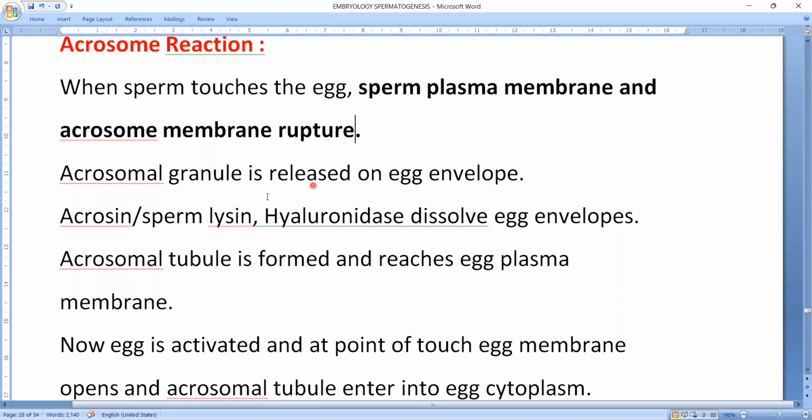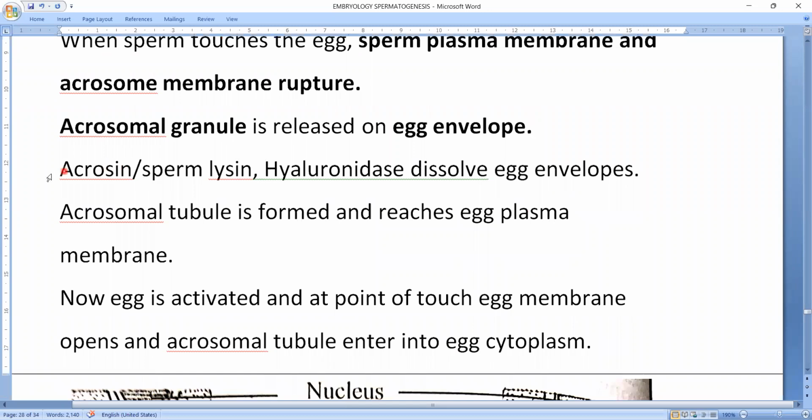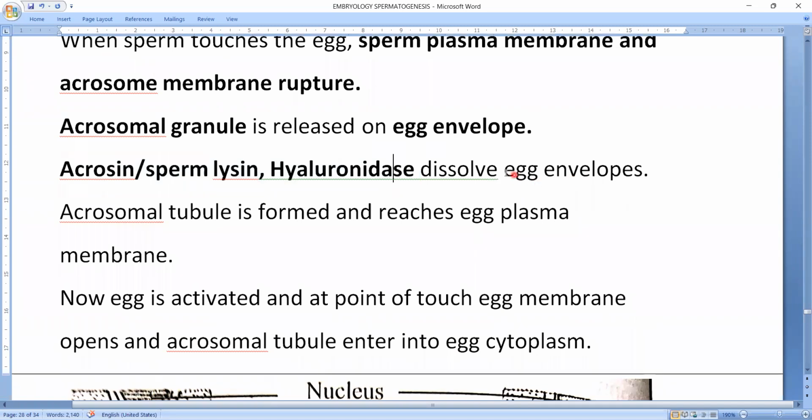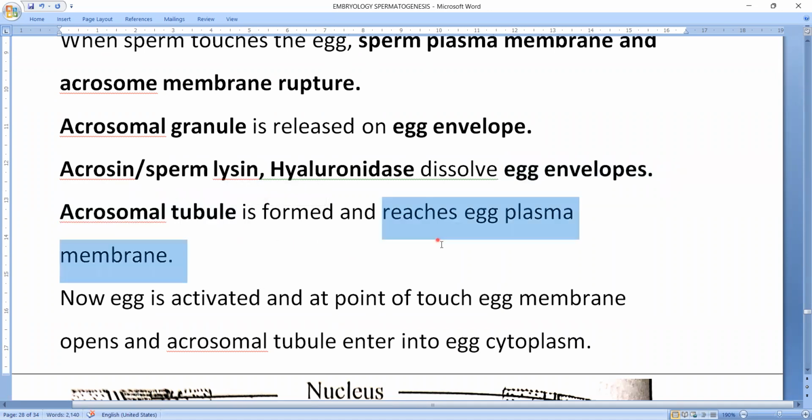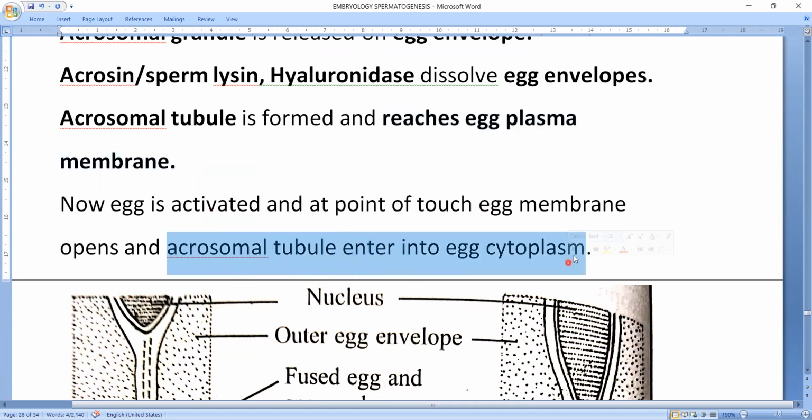Acrosomal granule is released on the egg envelope, corona radiata. The acrosin enzyme and hyaluronidase enzyme dissolve these egg envelopes. An acrosomal tubule is formed and reaches the egg plasma membrane. Now the egg is activated, and at the point of touch, the egg membrane opens and the acrosomal tubule enters into the egg plasma.